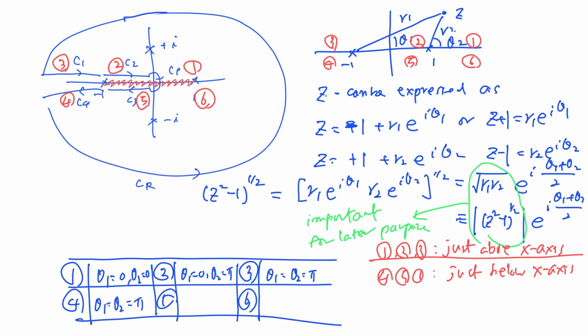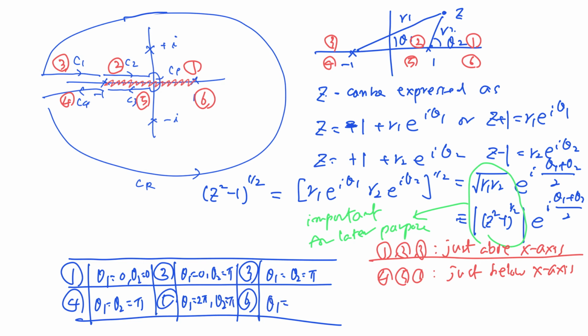How about point 5? This point, the angle from -1, you have to circle around. So theta 1 should be 2 pi. Theta 2, this point is still on the left side of point 1, so its angle should be pi.